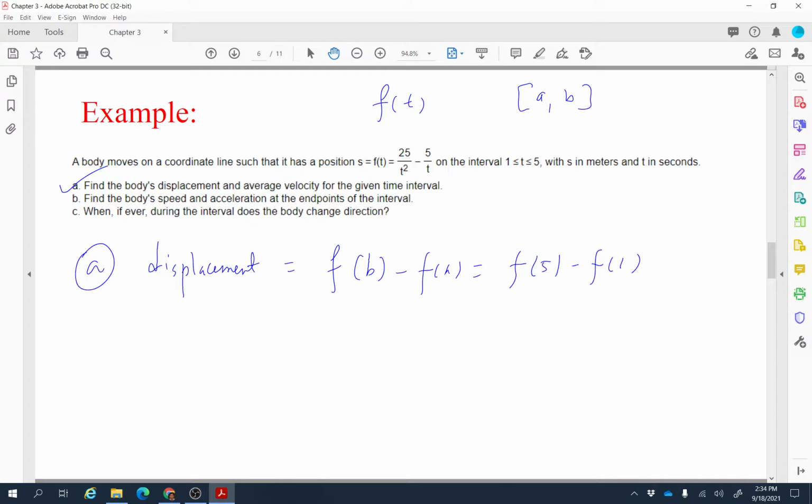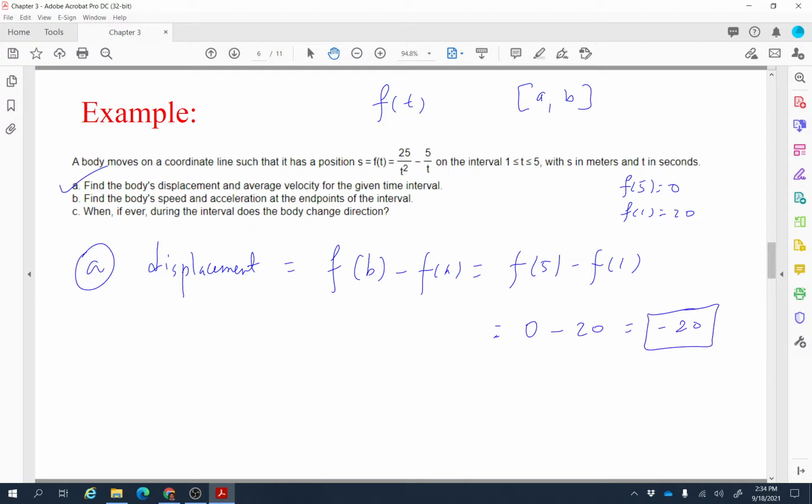Find out the value of the function when t is 5. If you plug t equal to 5 here, it will be 0, because 25 over 25 minus 5 over 5, that is 0. And f of 1, if you put t equal to 1 here, f of 5 is 0 from here, f of 1 is 20. So the displacement is negative 20.